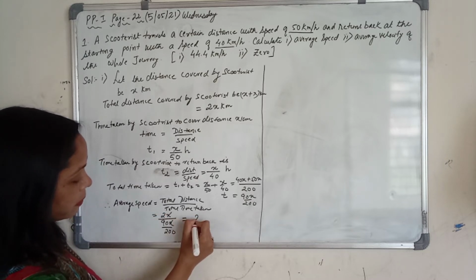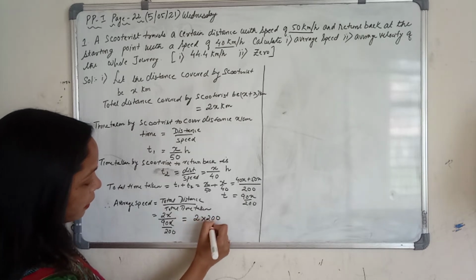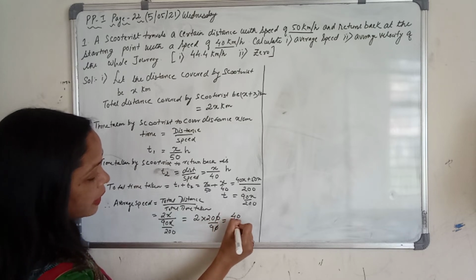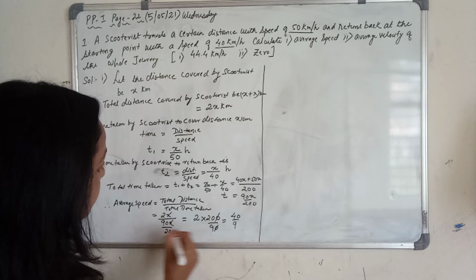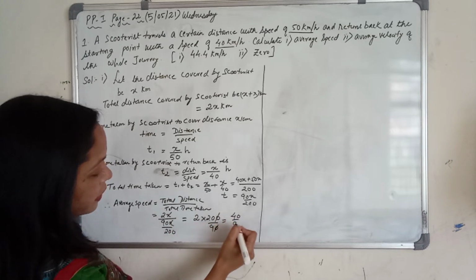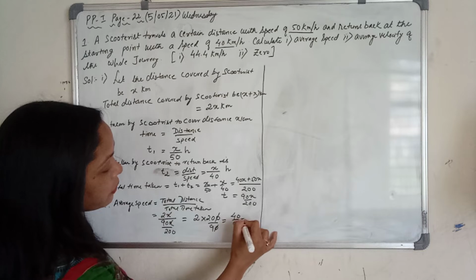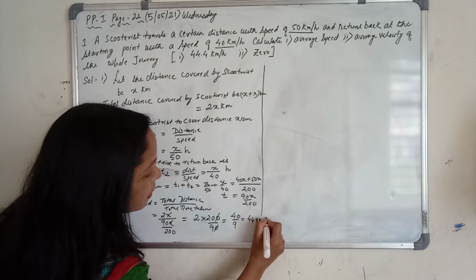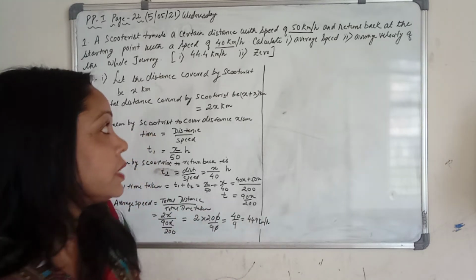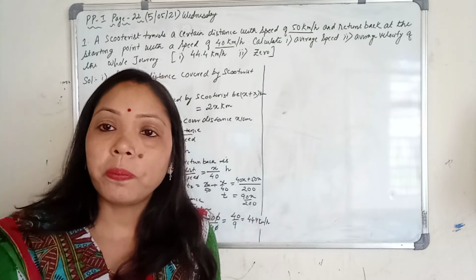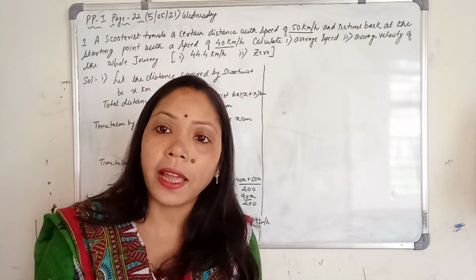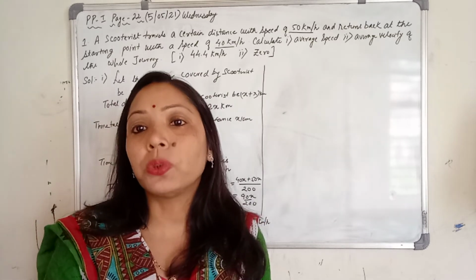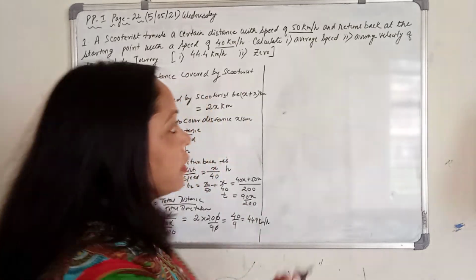This part will be 2 into 200 by 90. The zeros get cancelled. This is 40 by 9. So dividing 40 by 9 gives you 44.4. The unit will be kilometer per hour. So this is your first answer: 44.4 kilometer per hour. So to find the average speed, simply you need to find the total distance covered by the total time taken.